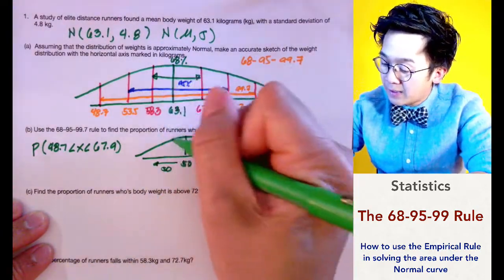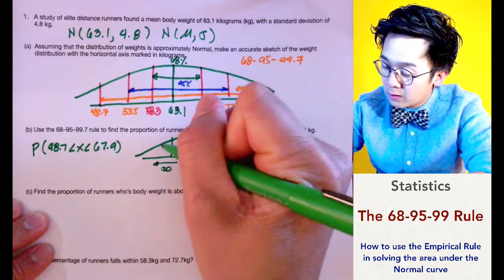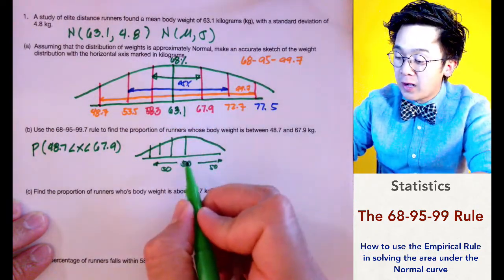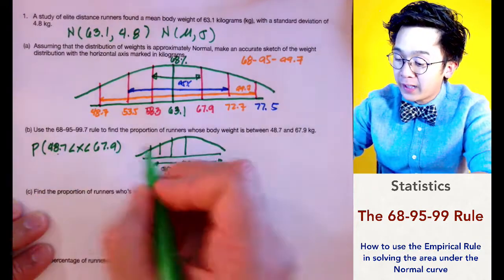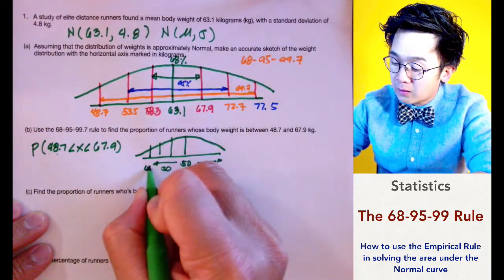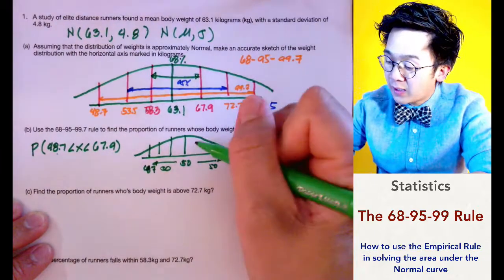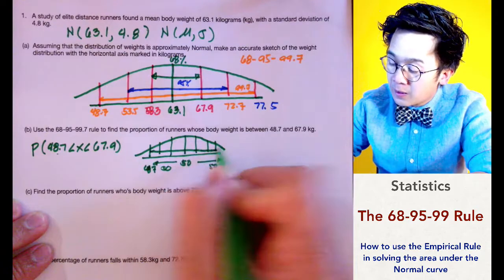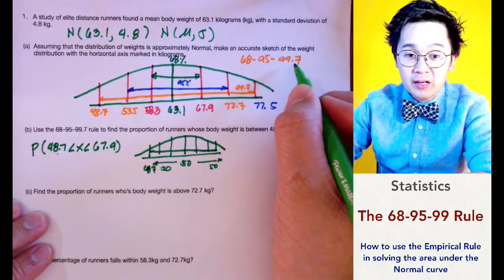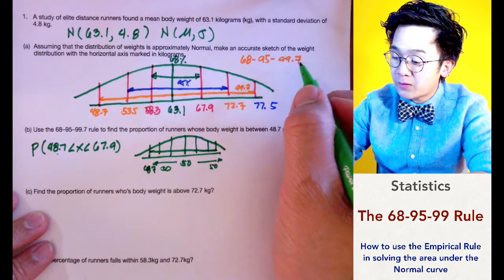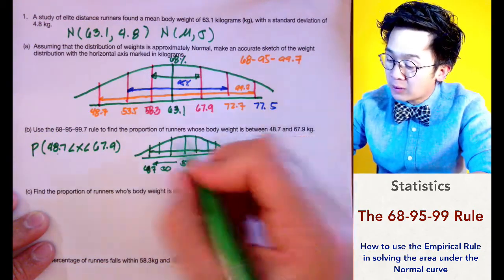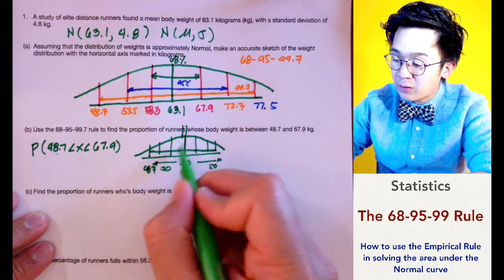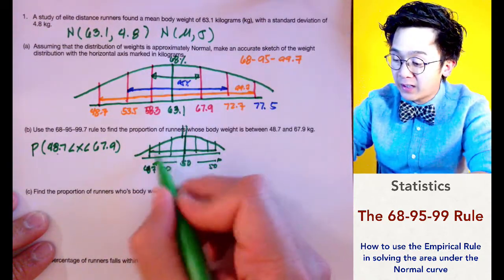So, since alam natin na 1, 2, 3 standard deviation away from the mean yung ating 48.7, at yung 3 standard deviation away from the mean ay 99.7%. So, since 99.7% siya, so ang gagawin natin, kukunin natin yung kalahati nung 99.7% para makuha natin yung area na ito.